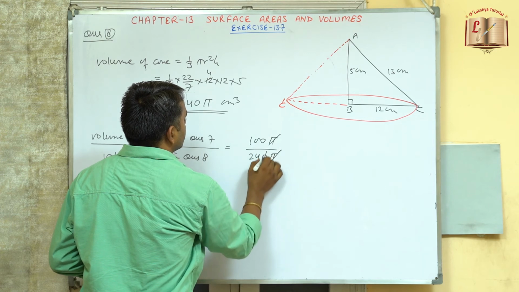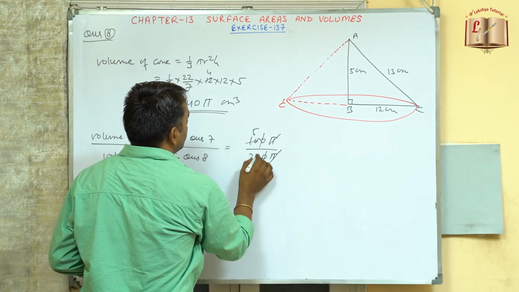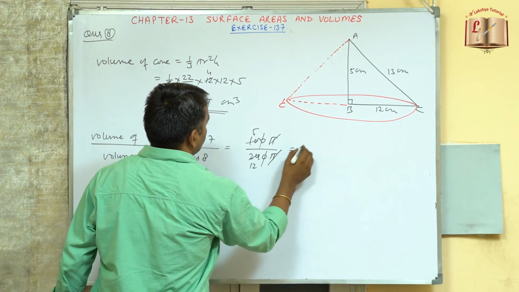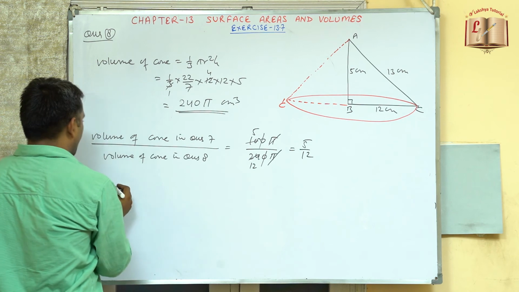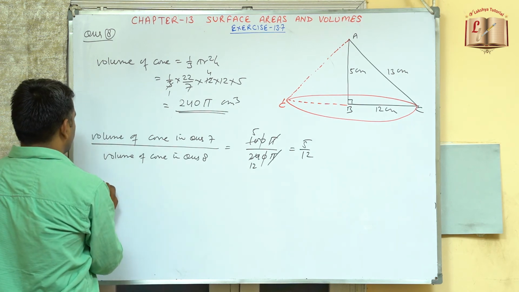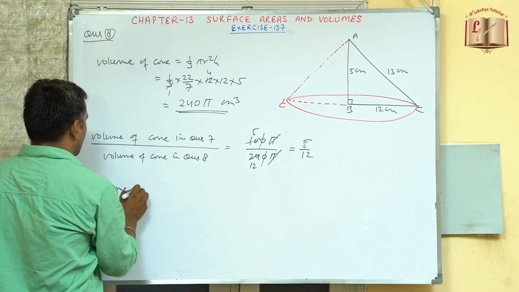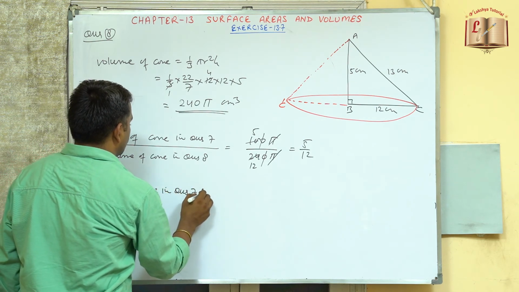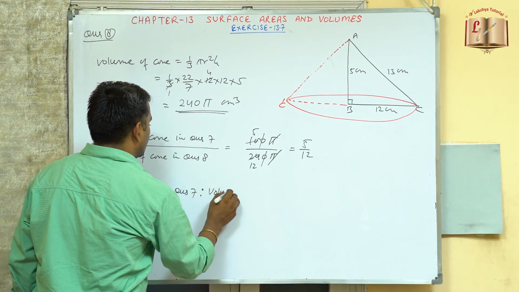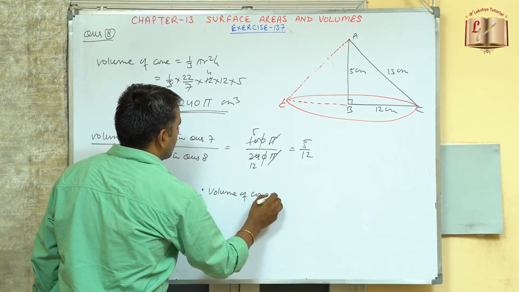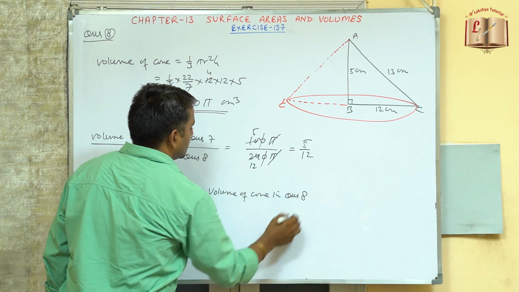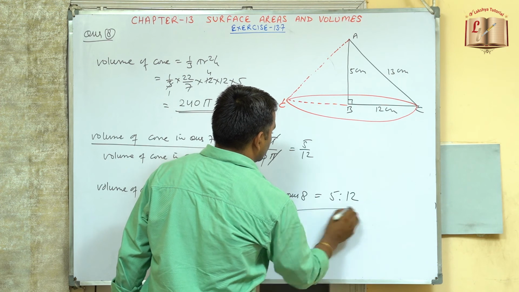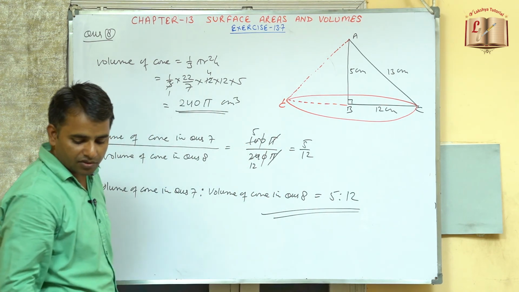So pi cancels, zero zero cancel. Now 5 twos are 10, 12 remains. So this is now in the ratio of 5 by 12. So the ratio of the volume of cone in question 7 to the volume of cone in question 8 is equal to 5 ratio 12. So we got this ratio 5 ratio 12.